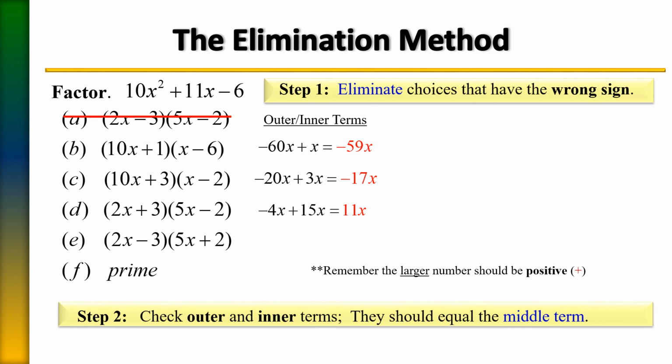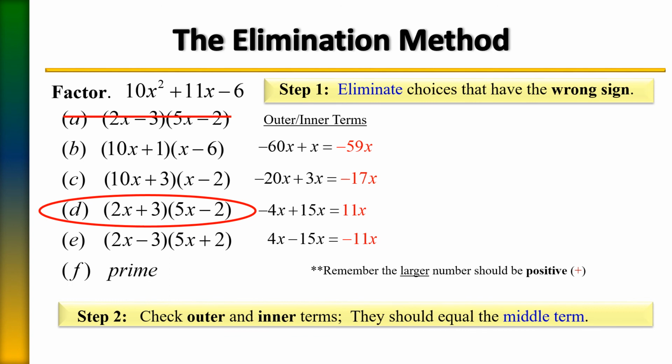But just in case, hey, let's go ahead and do it. 2x times 2 is going to give me 4x. Inner is going to give me negative 15x. And no, that is not my middle term. It gives me the opposite of my middle term. We've already established that D is the correct answer.